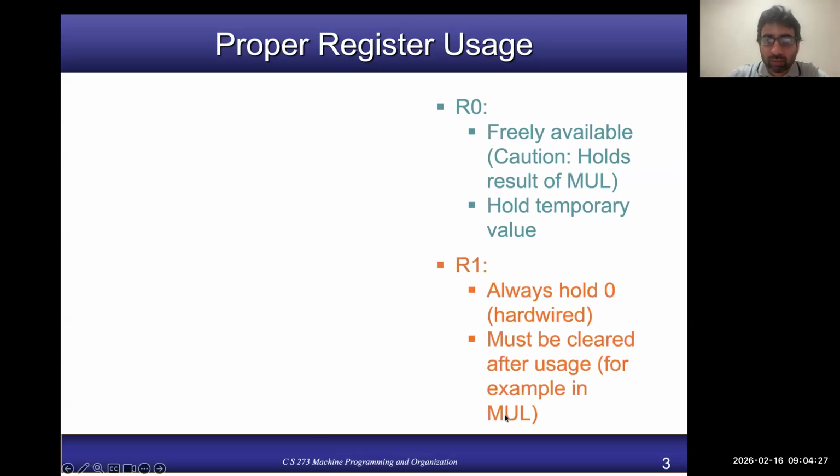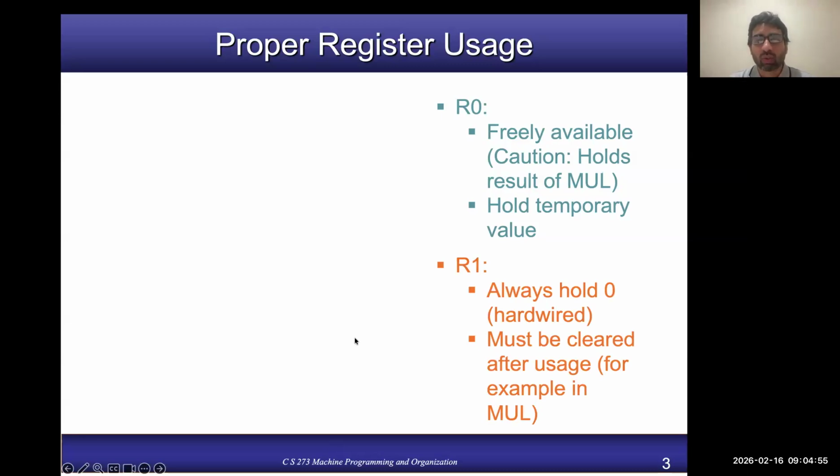The other register, R1. Remember, I said that if you are doing multiplication, the higher 8 bits of the 16-bit result of multiplication are placed in the R1 register. So you need to be careful about that part. And another thing is that the R1 register always holds 0. So its content is by default 0. It is hardwired to contain the value of 0.